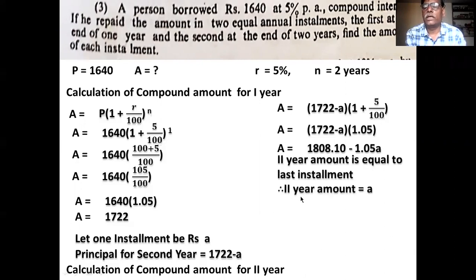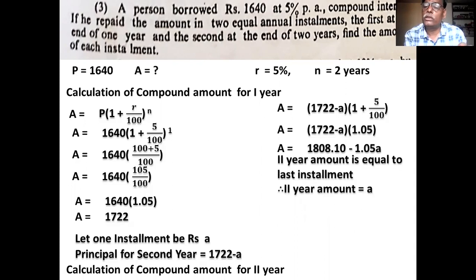Second year amount is equal to second year installment. That is A value. I already told, we considered A as one installment.